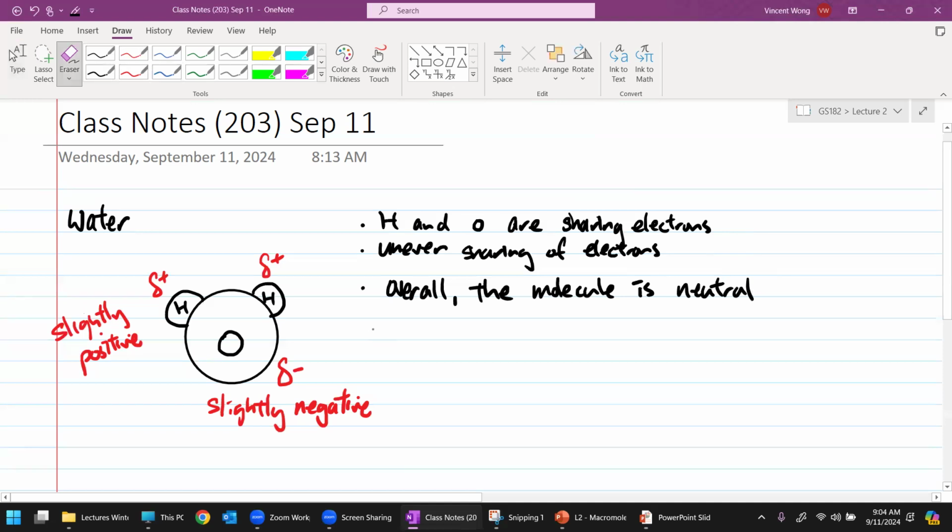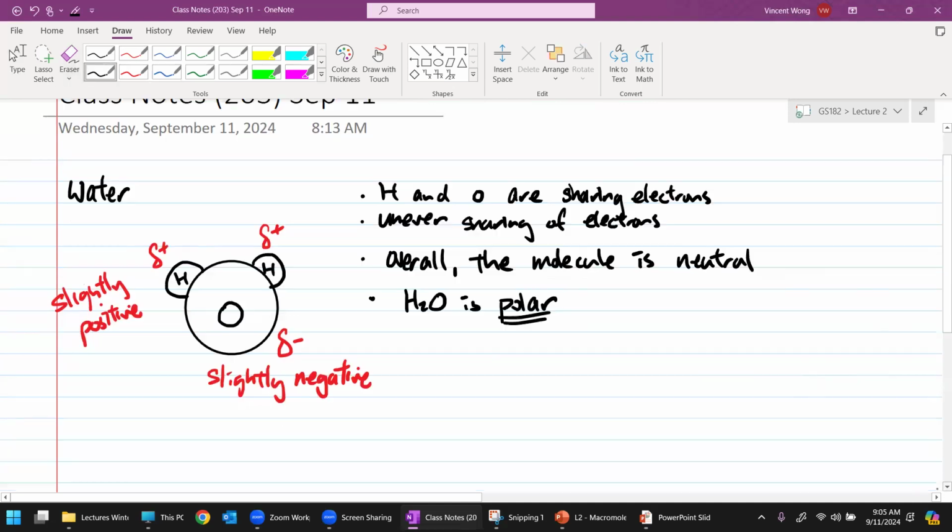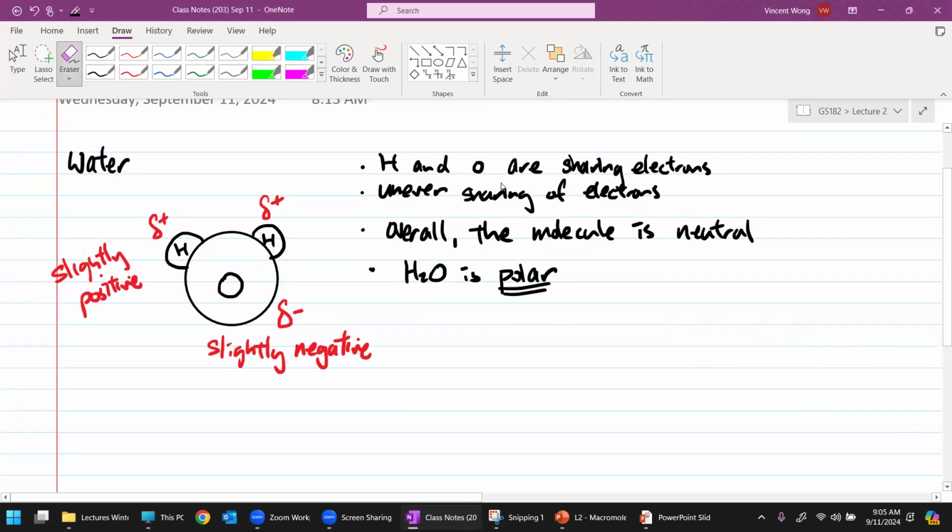So for molecules that behave this way, we call them polar. Polar just means part of it is slightly positive and part of it is slightly negative. Now that creates an interesting situation for water.